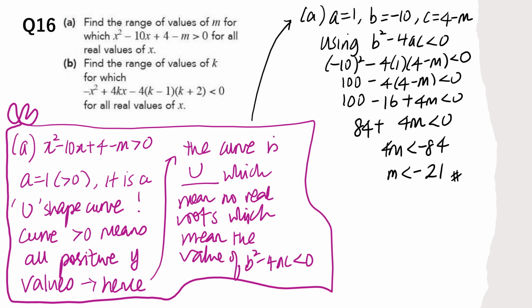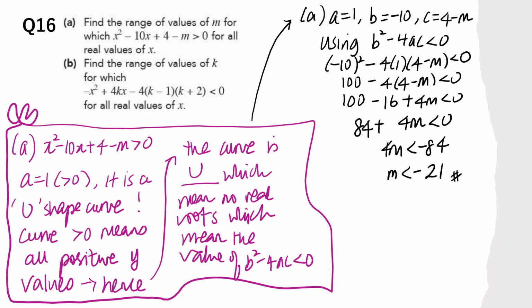Can you see that the concepts we're talking about here are just basically 3 or 4 things. Identify the coefficient of x squared, identify whether U shape or N shape, identify whether it's entirely above the x-axis, entirely below the x-axis, or it cuts the x-axis, or it just touches the x-axis at one point, how many x-intercepts we have, and then from there conclude what kind of value of b squared minus 4ac the curve has.